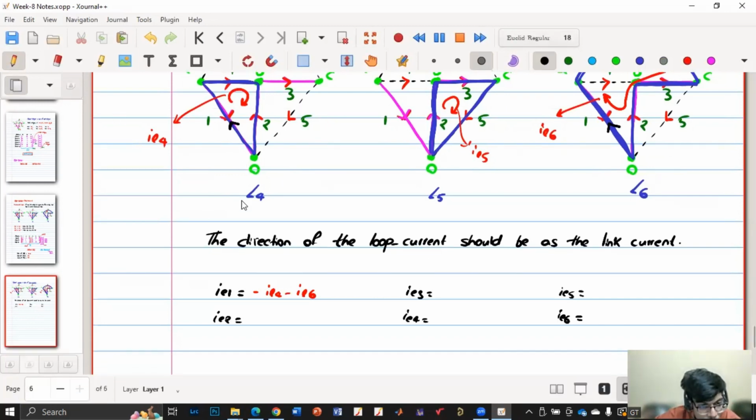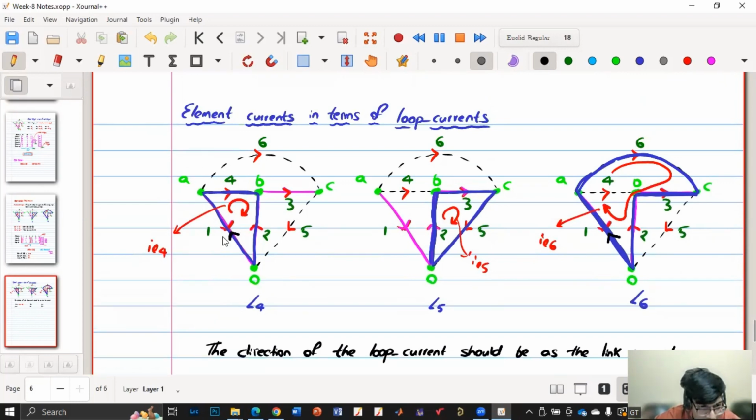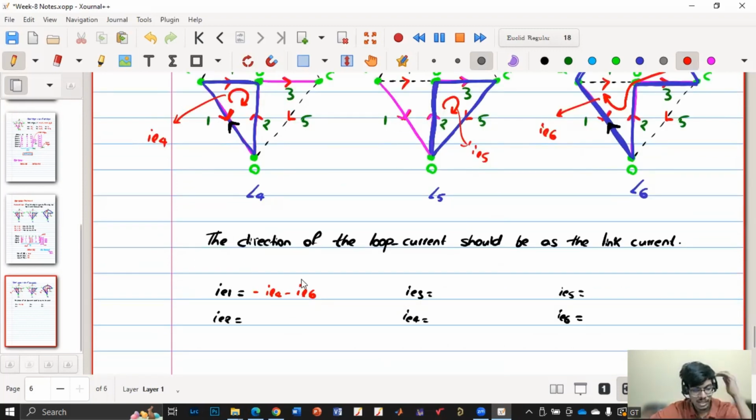IL4 is going like this and IL6 is also going like this, but IE1 is below, in the opposite direction. So IE1 is minus IL4 minus IL6. Is this clear?